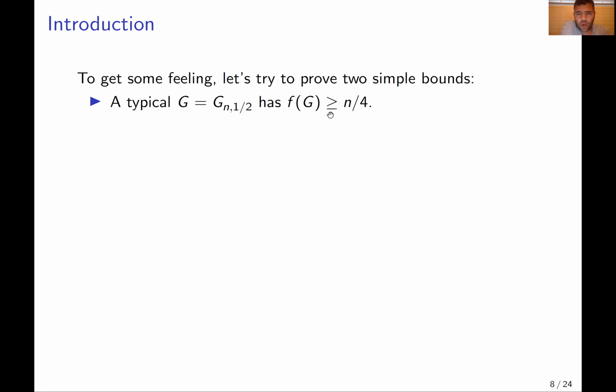And here we are more or less done because we want to add the new vertex. The only problem is that we need to make sure that at least one of the parts is of odd size. So what do we need to do? We take a vertex of degree n over 2 and consider an odd sub-neighborhood of size roughly n over 2. Then we cannot partition into 2 even sets because we don't know what's going on.